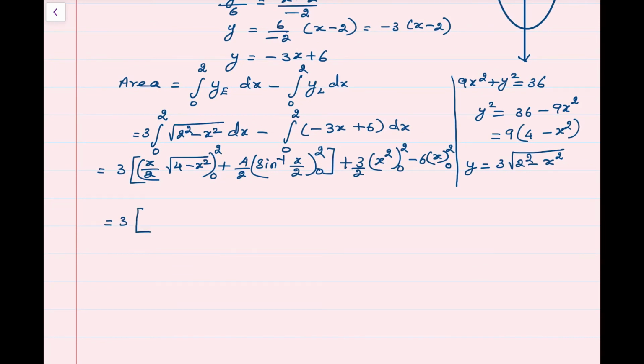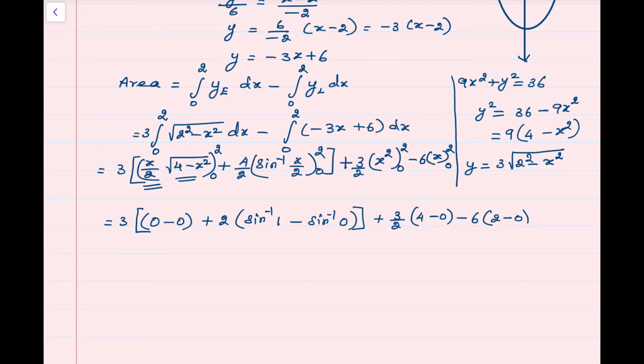3 times upper limit will become 0, 4 minus 4, and lower limit is also 0 because of this x, plus 2 times sine inverse of 2 by 2 is 1 minus sine inverse of 0 by 2 is 0, plus 3 by 2 times upper limit 4, lower limit 0, minus 6 times upper limit 2 minus 0. 3 2s are 6.